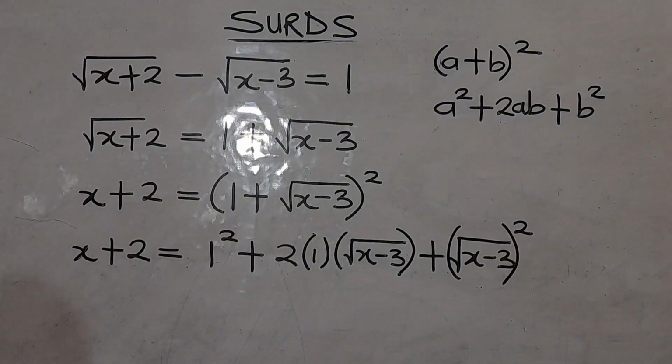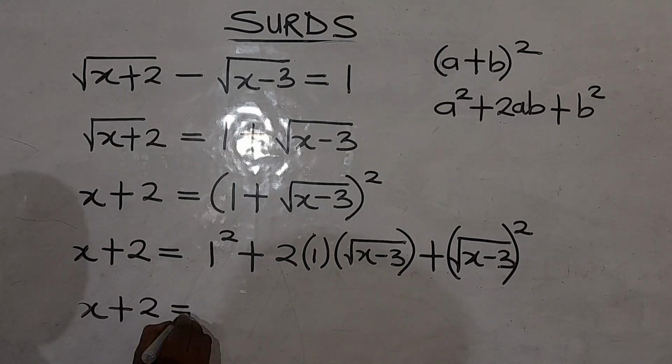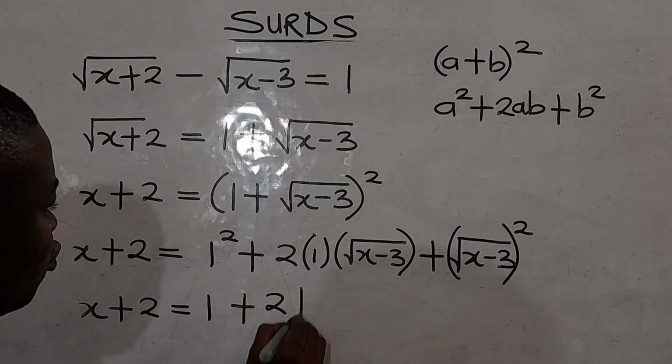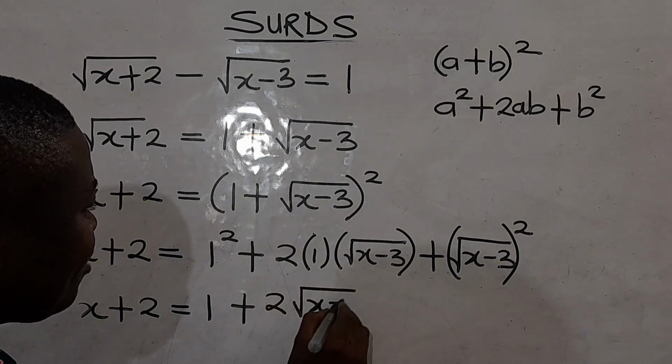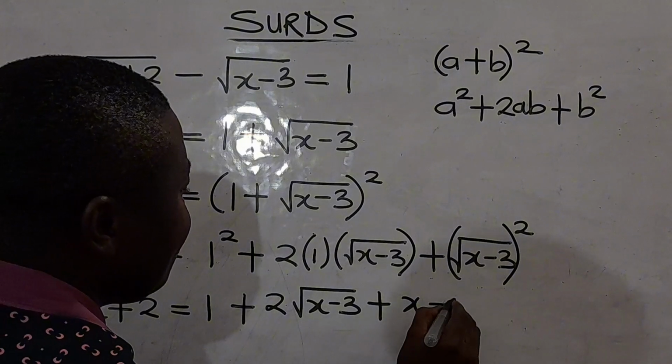I believe you understand what I just did. Okay, let's continue. So this is x plus 2 equal to 1 plus 2 root x minus 3 plus x minus 3.